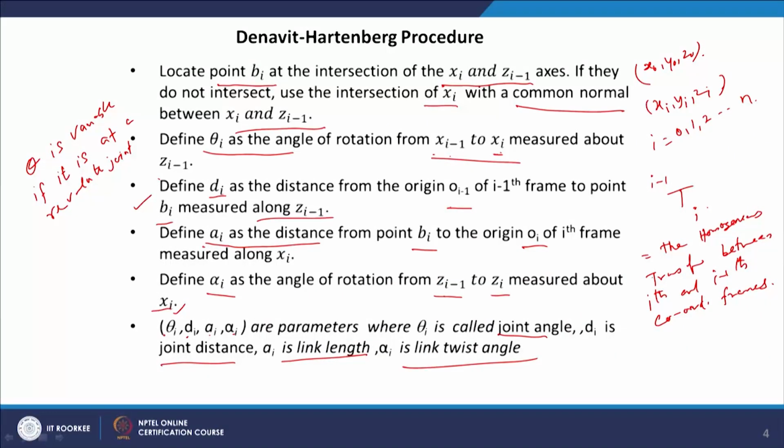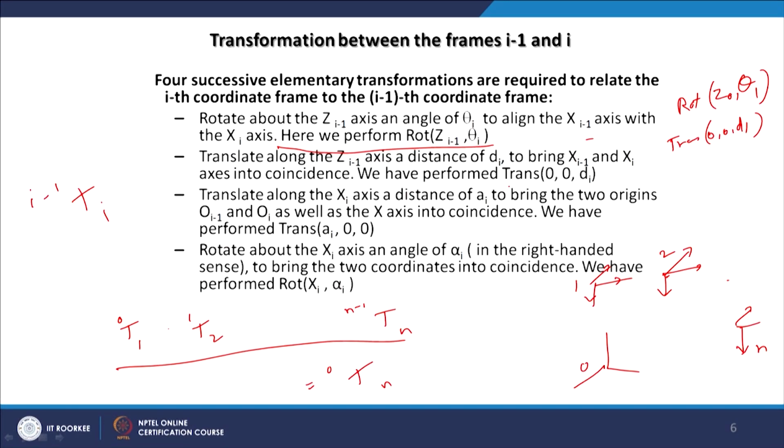So that is what is performed here. We make a translation of 0 0 d1 so that the x0 axis will coincide with the x1 axis. Now, if we make another translation of a1 0 0, that is, along the x direction, then the origins O0 and O1 will also coincide.